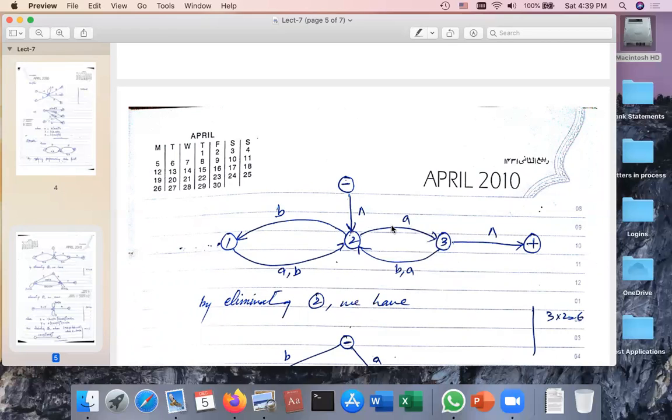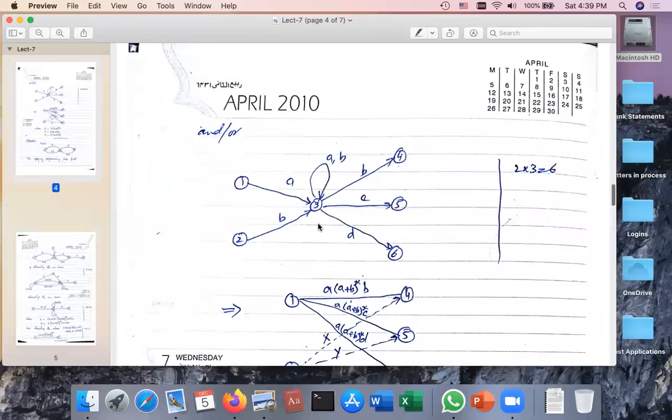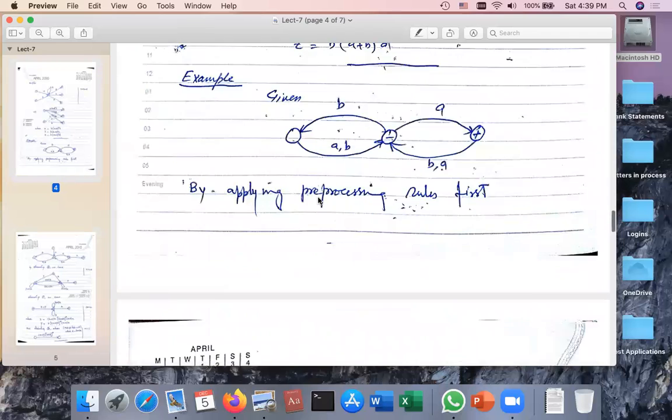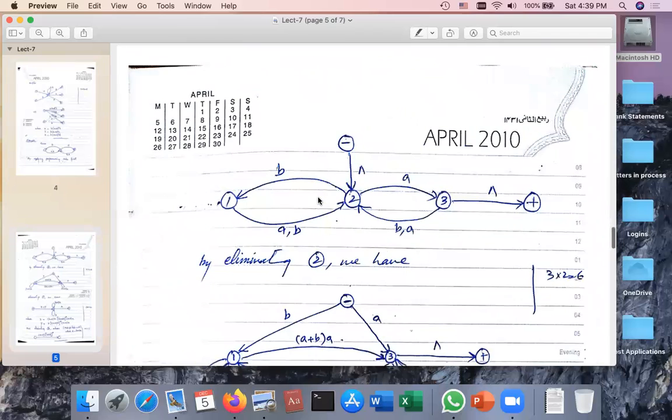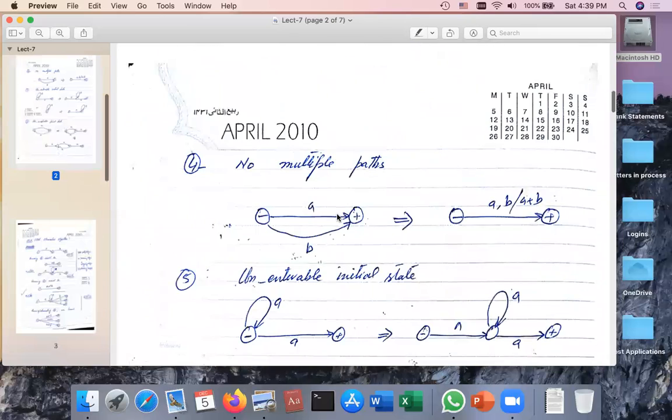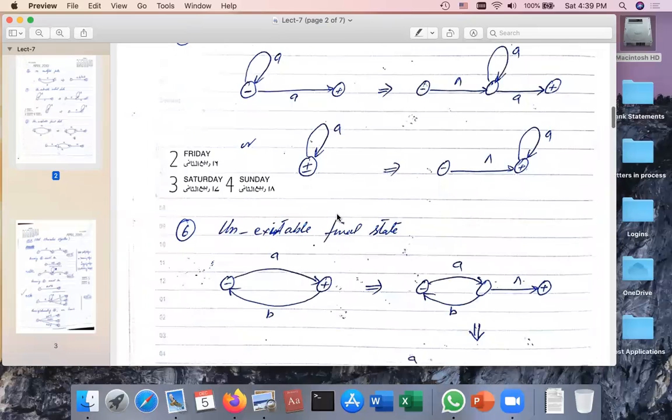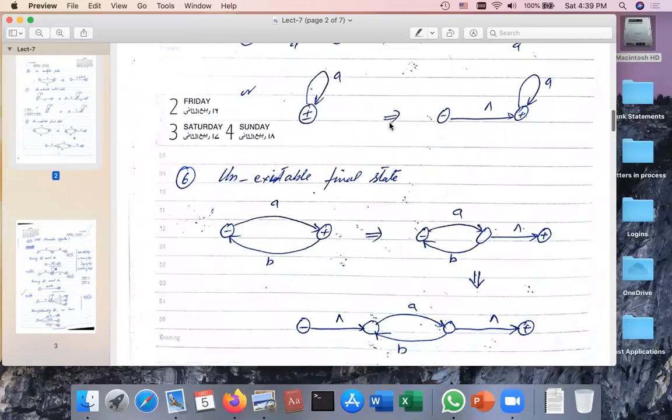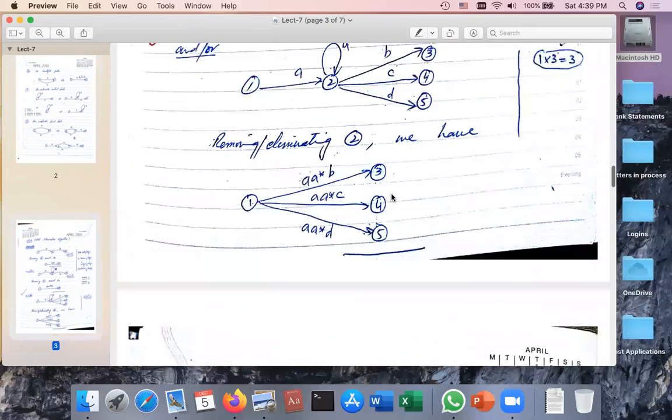Actually, this is a cycle basically, but this is not a loop edge, like this one. So there are no loops, no multiple paths.